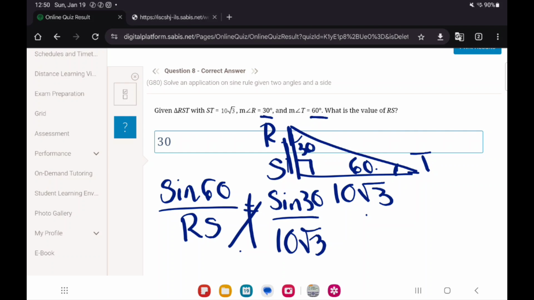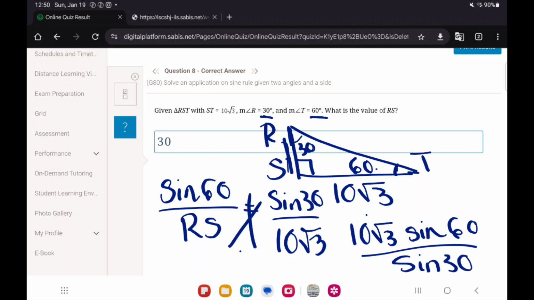Cross multiply, you get 10 radical 3 sine 60 over sine 30. Do it on your calculators. 10 radical 3 times sine 60. Be careful: when you're writing radical 3, make a space between it and the times, because otherwise the times will go inside the radical, and that's not what we want. Over sine 30, and you get 30. So that's how simple it is.